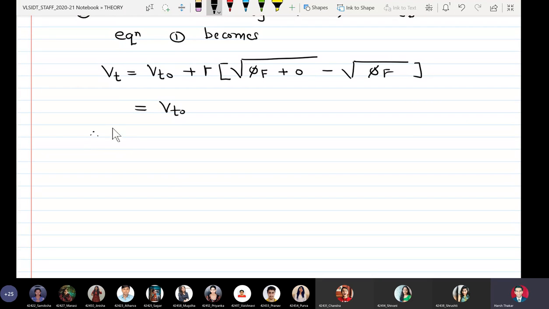Therefore we say Vt0 is equal to Vt for VSB equal to 0.